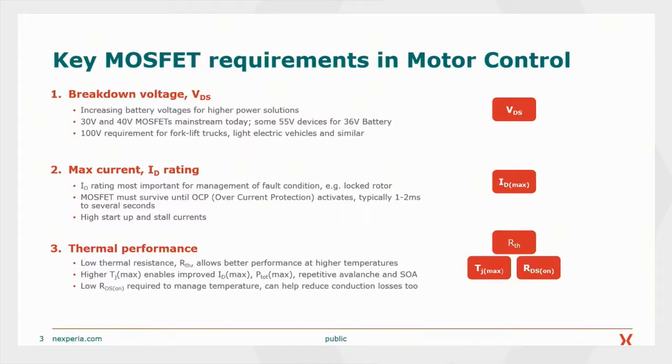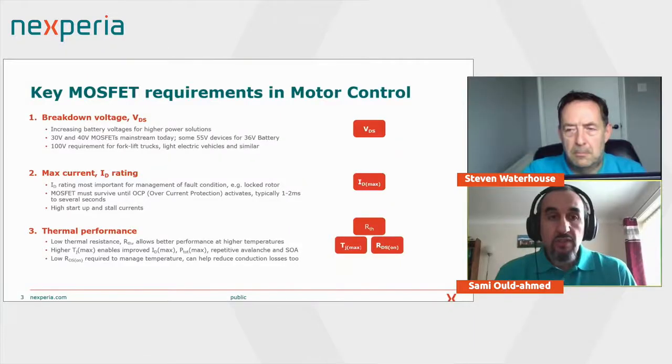Now, what we do with our MOSFETs is we provide the capability where the package is no longer the limiting factor. In the olden days, MOSFETs 10 years and above, packaging was a concern and was the limiting factor for achieving high current.